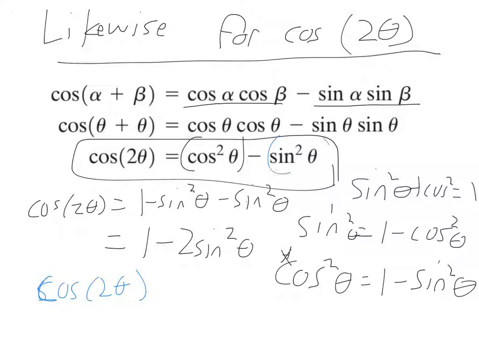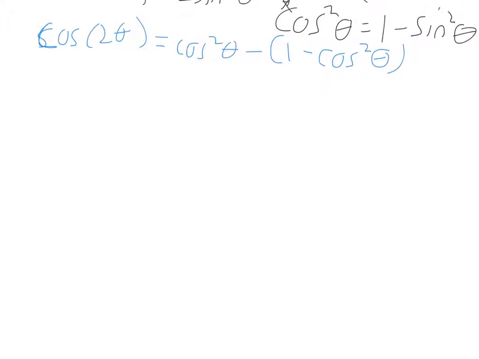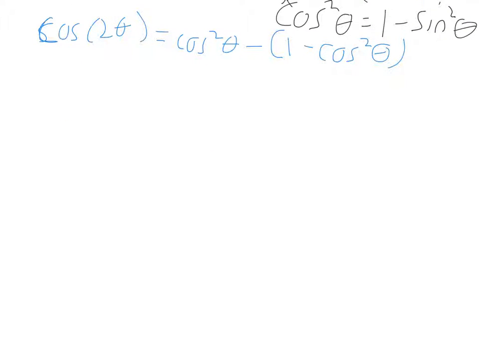Likewise, for the cosine of 2 theta, if instead we substituted 1 minus cosine squared for sine squared, that'd be cosine squared of theta minus, and since we're subtracting, we need to put it in parentheses, 1 minus cosine squared of theta. If we distribute the minus, it'd be cosine squared of theta minus 1 plus cosine squared again.